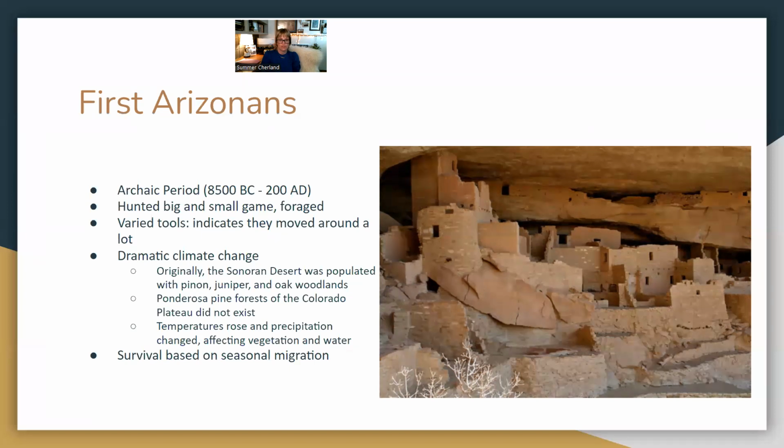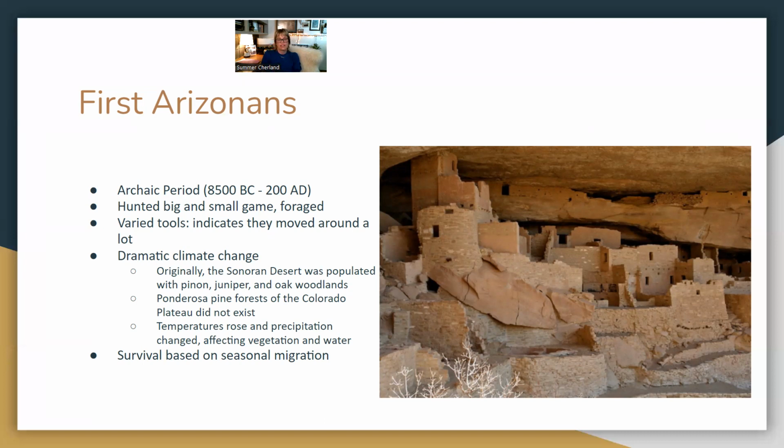Their peak years were during the Archaic period. That's about 8500 BC to 200 AD. So if we're in the 21st century, for example, that would have been the first century, 200 AD. So that would be 2000 years ago or so. So the Archaic period is before the Common Era, and 200 is after.